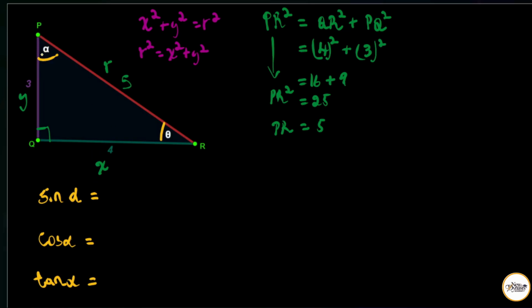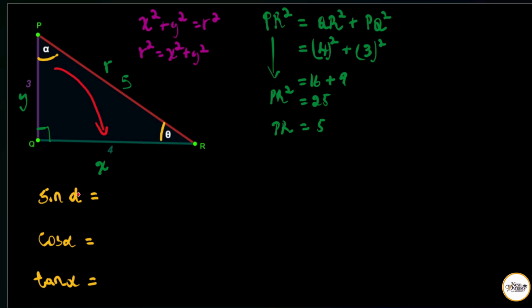Now with respect to this alpha, this side is going to be the opposite side. With respect to alpha, the side QR, which is 4 units, is the opposite side, and the side PQ is next to or adjacent to your angle, so that is the adjacent. And the side PR is always the hypotenuse, that one doesn't change, it is fixed.